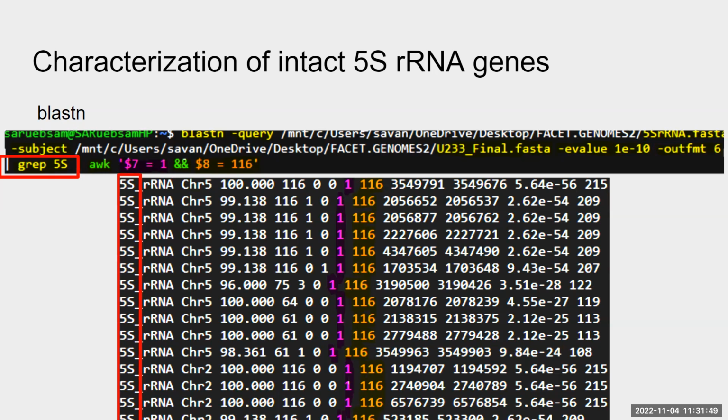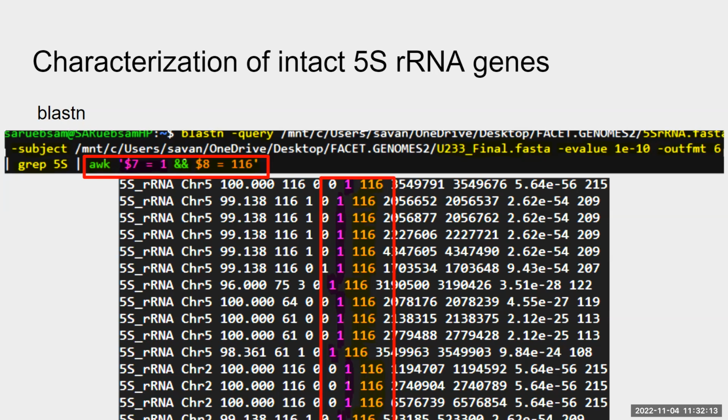We use the command grep 5S. That just means all the alignments we see will have the title 5S in them. And we use the awk command. Now this was the most important because this allows us to see only the 5S alignments that we want to see. So here $7 corresponds to column 7, and we want that to be the number 1.